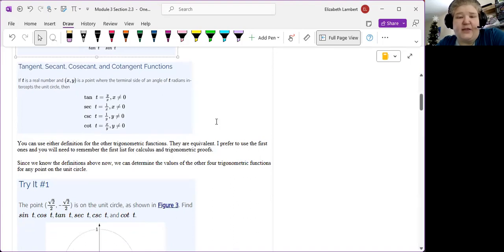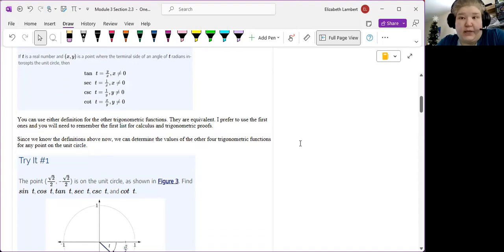Now, you're welcome to use either way, but like I said, you need to know the first definitions for calculus, and we need to know the first definitions to work out the simple trigonometric proofs we're doing. I say simple because there are trigonometric proofs that are long and tedious and silly. And we may see some of those once we get some of the more weird formulas, but again, that'll be when we get the weird formulas.